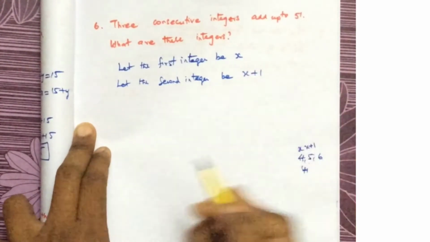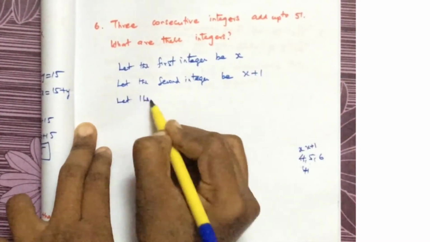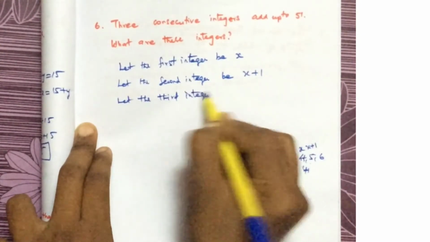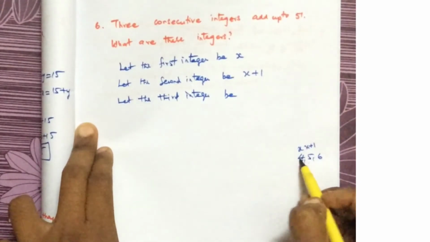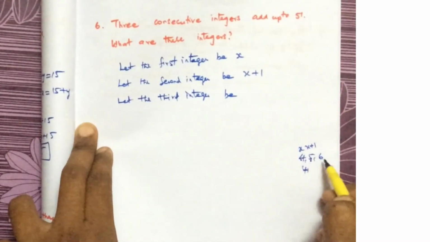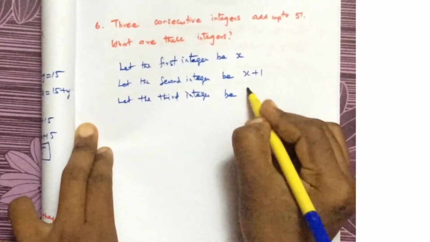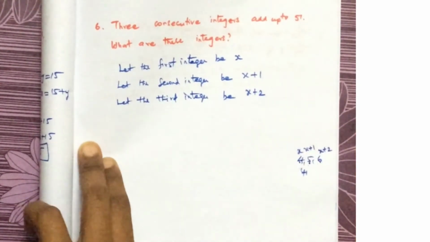x plus 1. Let the third integer be, this is x plus 1, and this is x, so I have to add 2. x plus 2.